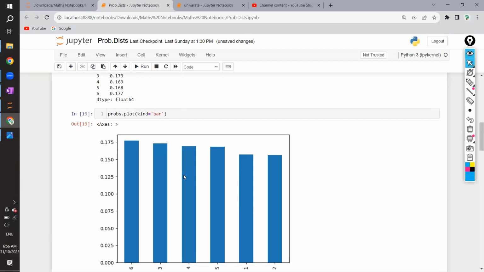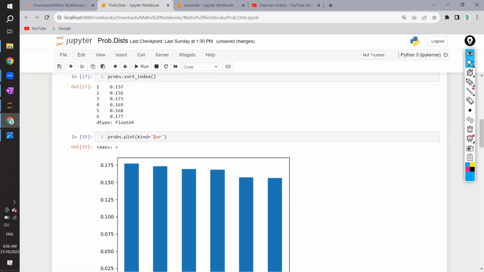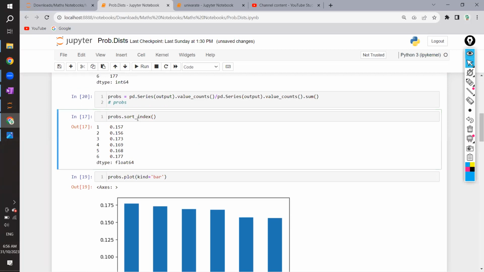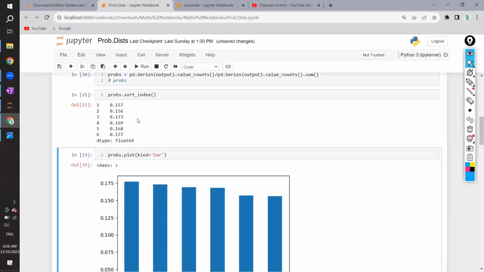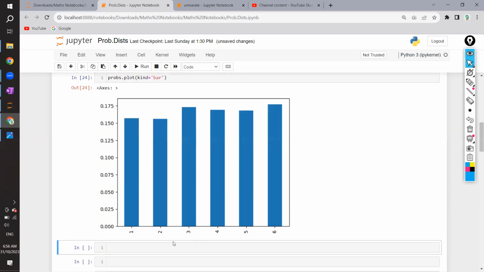See guys, as you can clearly see, this is sorted 6, 1, 2, 3. But if I put it into props, yeah, now you got it in order. See, 1, 2, 3, 4, 5, 6.